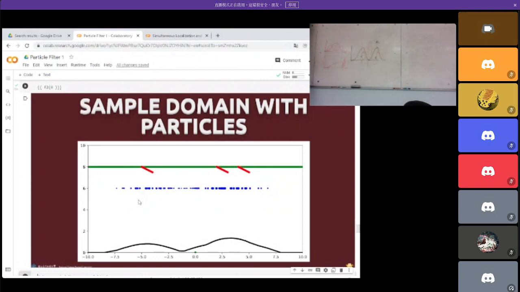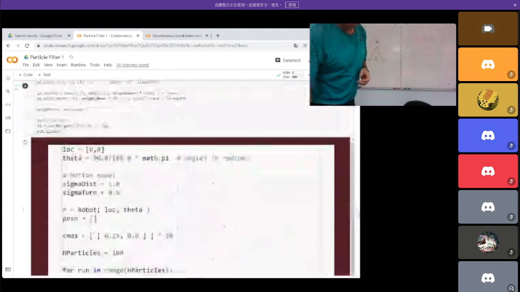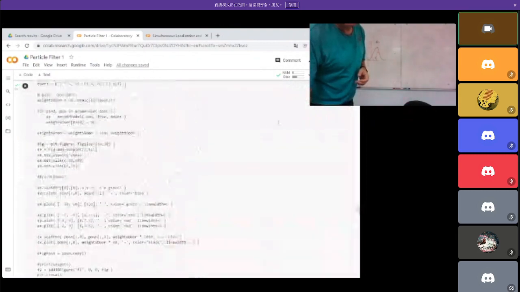Where I now have, if I just drive it and ignore the sensor reading, then I would end up with exactly this picture.